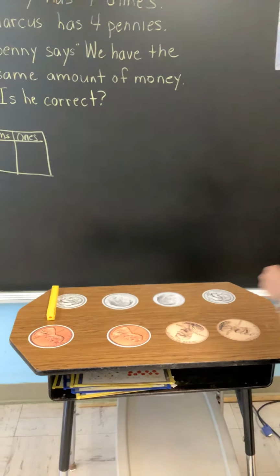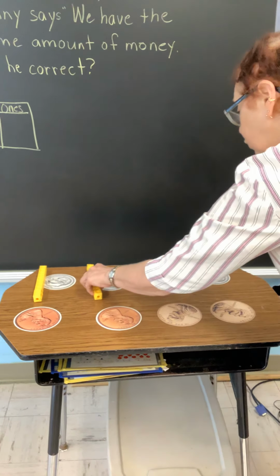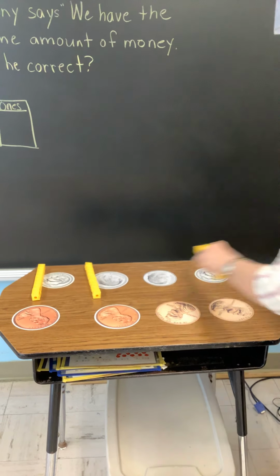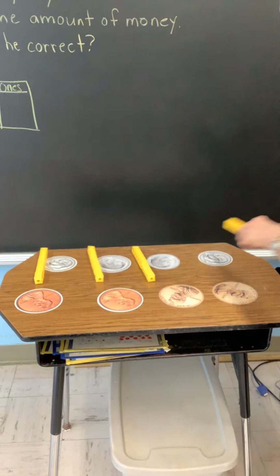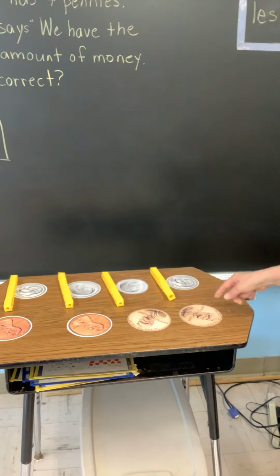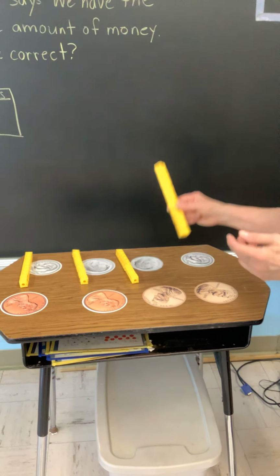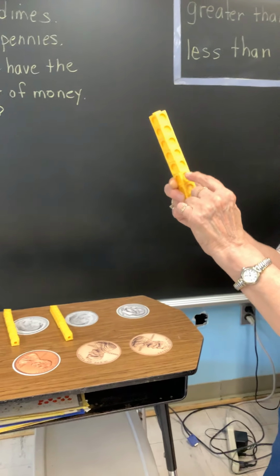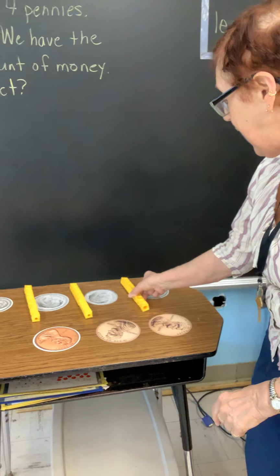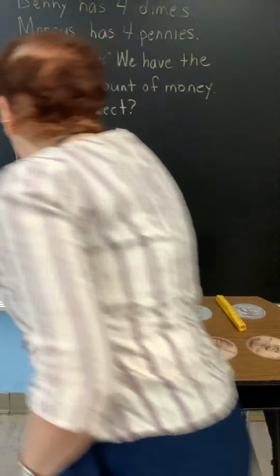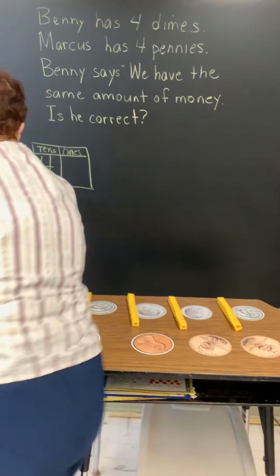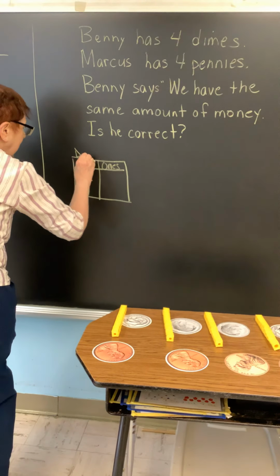Here's 1 dime, here's 2, here's 3, and here's 4. Remember, 1 dime is the same as 10 pennies. So it's a 10: 1, 2, 3, 4, 5, 6, 7, 8, 9, 10. So there's our 4 tens, or we could put over here 4 dimes.